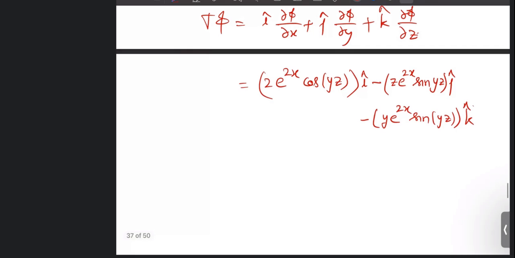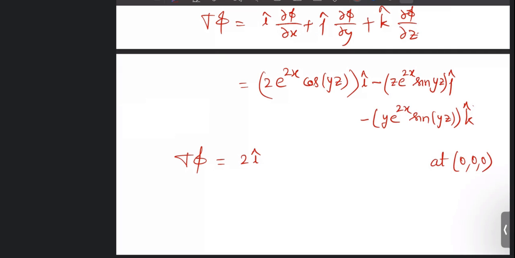This will be the gradient of phi in general, but our aim is to find the gradient of phi at a particular point, 0, 0, 0. Replace x with 0, y with 0, and z also with 0. It means cos 0 is 1, e raised to power 0 is 1. So first one is 2i.